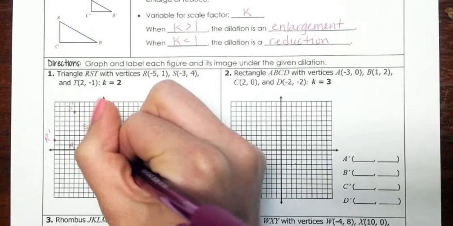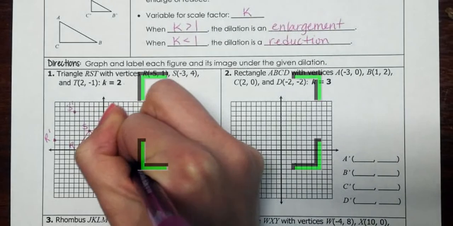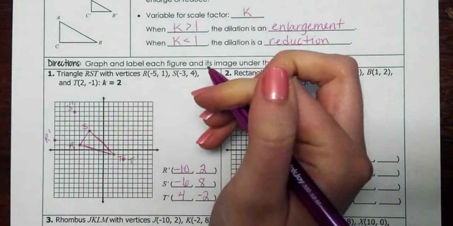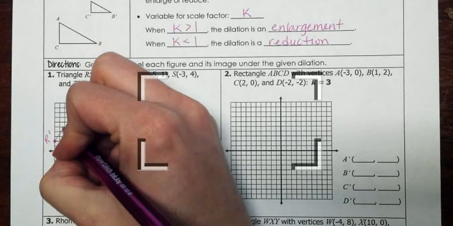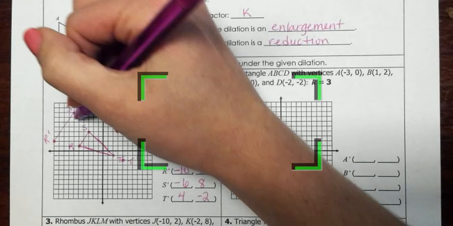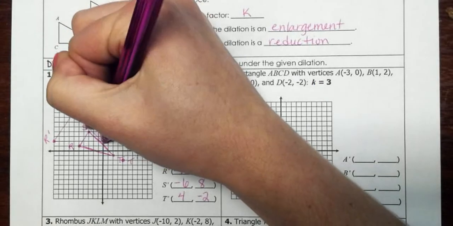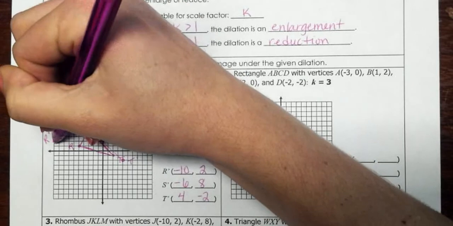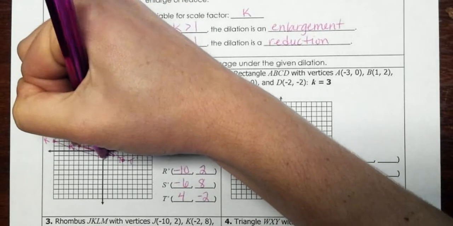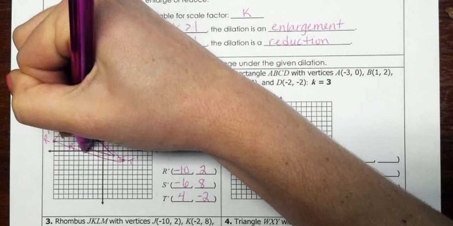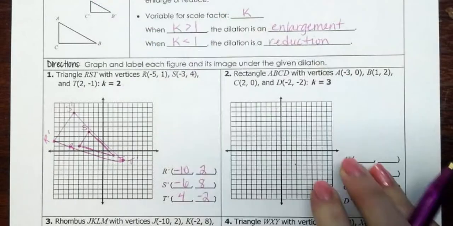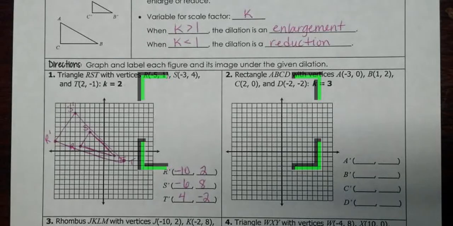That's my new T. And then I'm going to connect those points. Probably would be easier with a ruler, but that's okay. Mine's not perfect. Something along the lines like that.